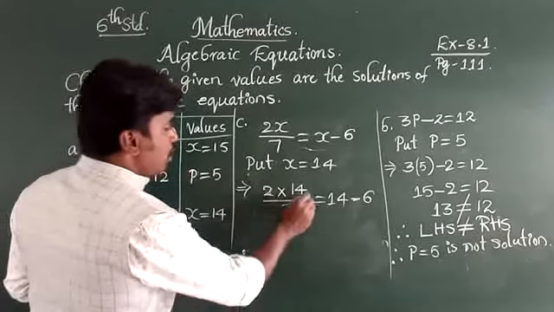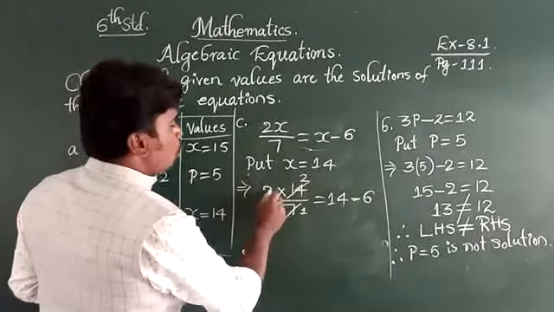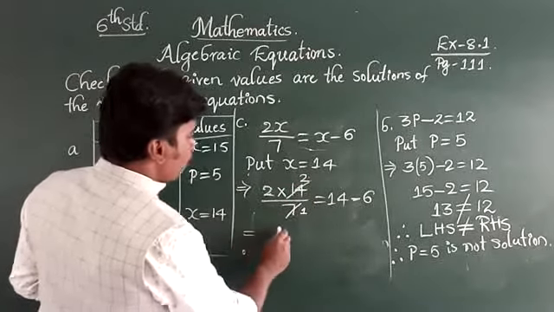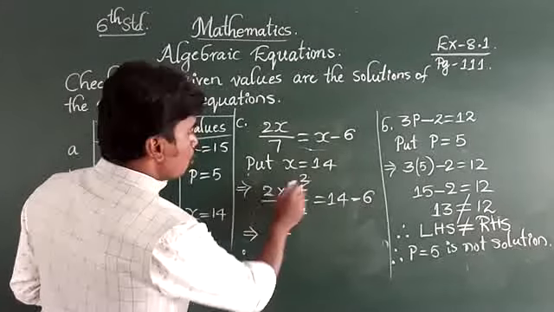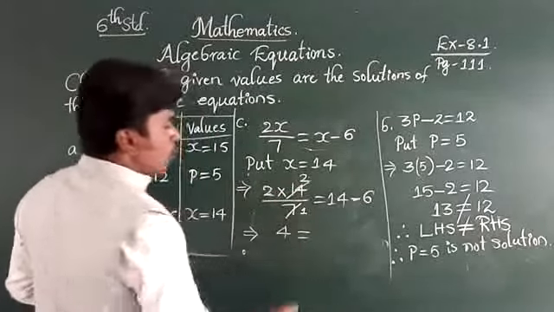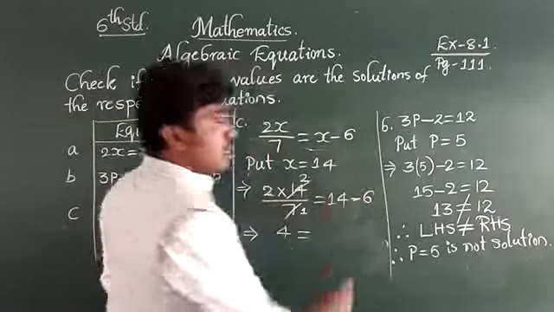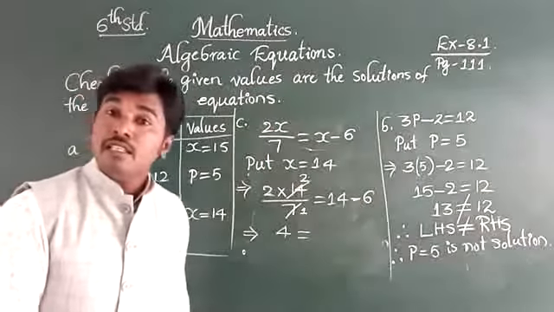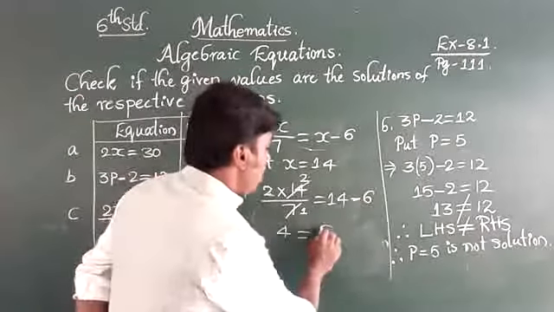The numerator can be divided by the denominator. 7 ones are 7, 7 twos are 14. So 2 twos it has become 4. 2 twos are 4 is equal to 14 minus 6. 14 minus 6, how much? It is 8.